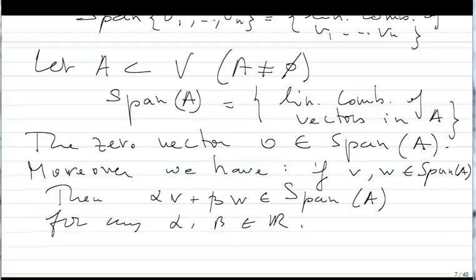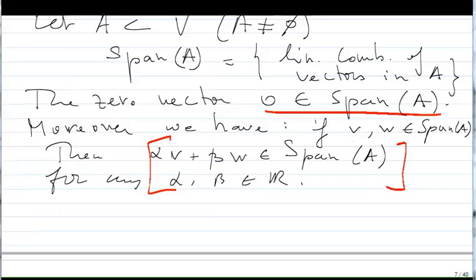So these two properties, the fact that 0 is there and this property here, define what we call the concept of subspaces.